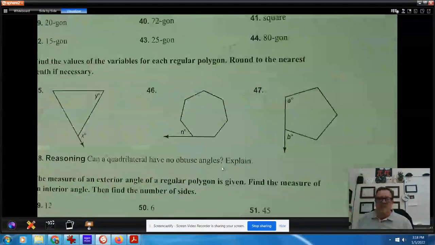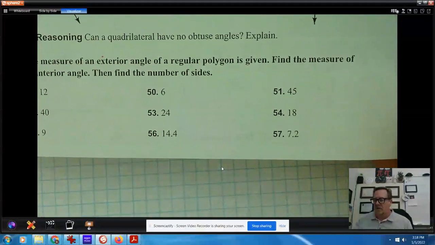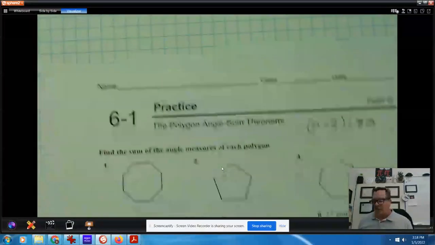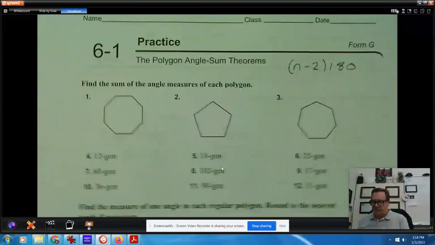There's 57 problems on the worksheet, but you don't need to do all of them because we're just going to do the odds: 1, 3, 5, 7, etc. So on a separate sheet of paper, because you don't have a worksheet to begin with, remember you're going to show your work.